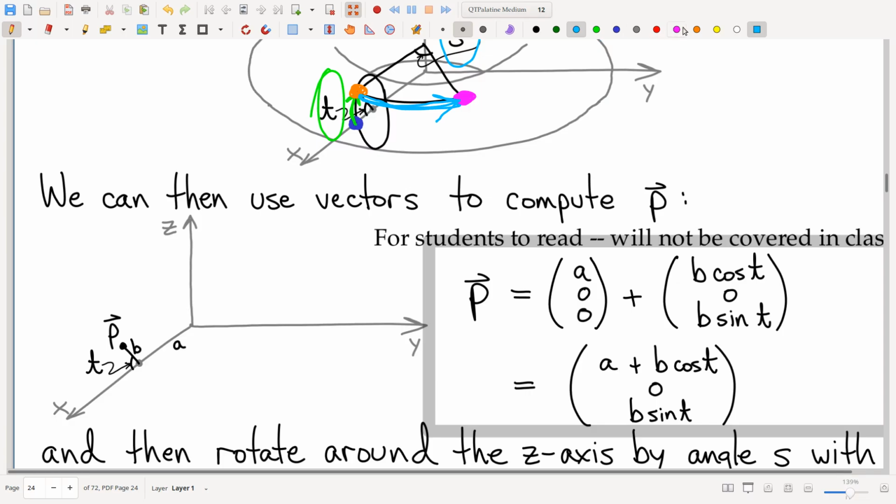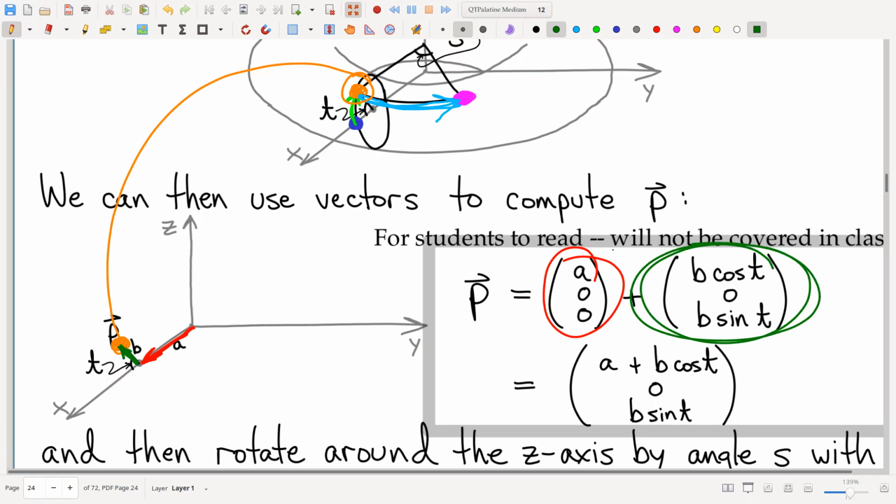But this orange point there, I can just write it down as being a sum of that red vector, which is easy to write down, plus, color choices, I'll use dark green, plus this B vector, which is that.